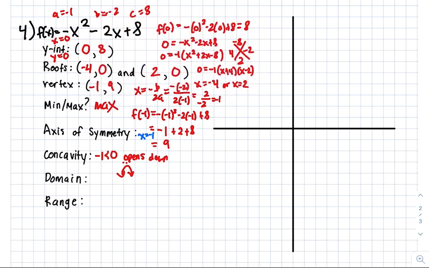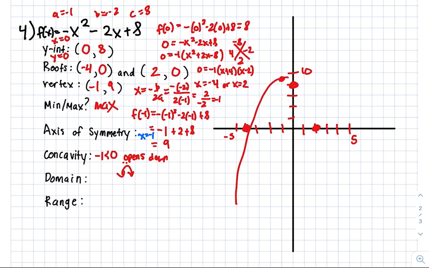Alright, let's graph everything. 0, 8. 1, 2, 3, 4, 5, 6, 7, 8. Now go by 2's. 0, 8. So this is by 2's, you guys. Negative 4, 0. I'll just go by 1's on the x-axis. Negative 4, 0 is there. 1, 2, 3, 4, 5. And 2, 0 is right here. Okay, graphing the vertex. Negative 1, 9 is right there.